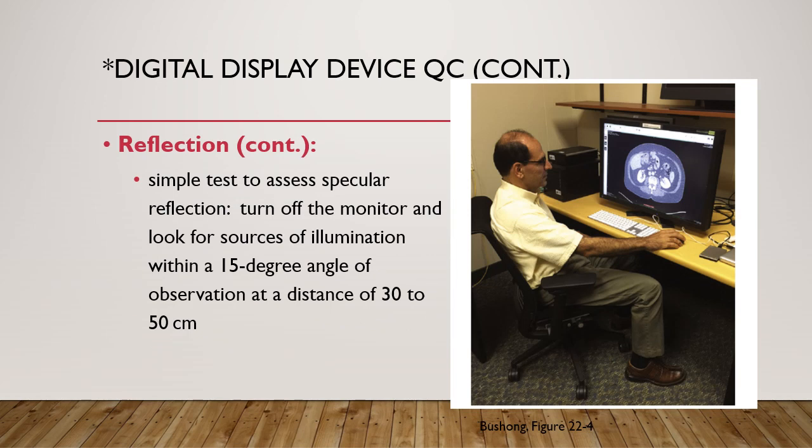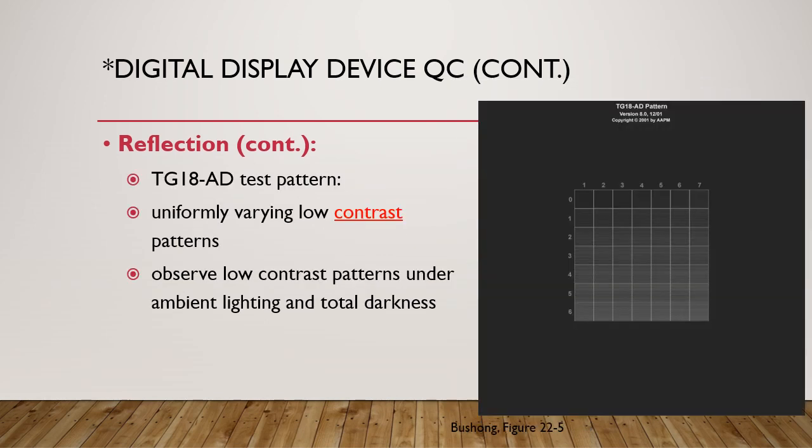A simple test to assess for specular reflection is to turn off the monitor and look for sources of illumination within a 15-degree angle of observation at a distance of 30 to 50 centimeters. Another method used to measure reflection is to use the TG18AD test pattern. It's uniformly varying low contrast patterns, and you observe low contrast patterns under ambient lighting and total darkness.